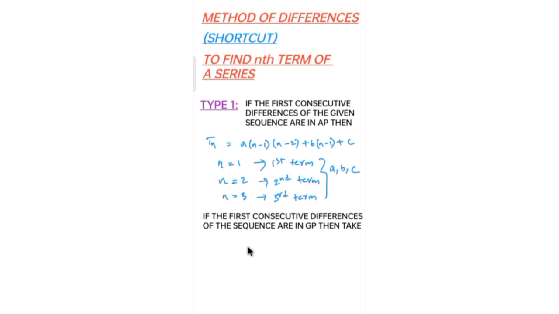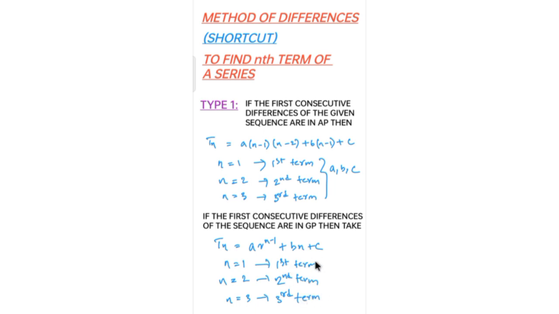then the Tn would be A into r power (n minus 1) plus Bn plus C. This is our Tn, and as usual put n equal to 1 and equate that to the first term of the sequence, n equal to 2 and the second term, and n equal to 3 and the third term.